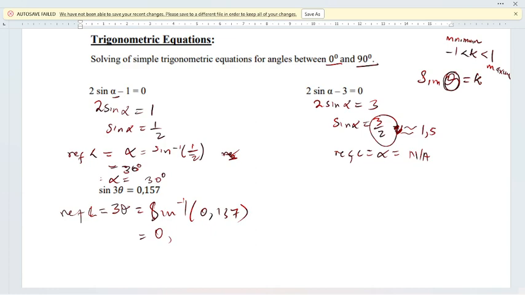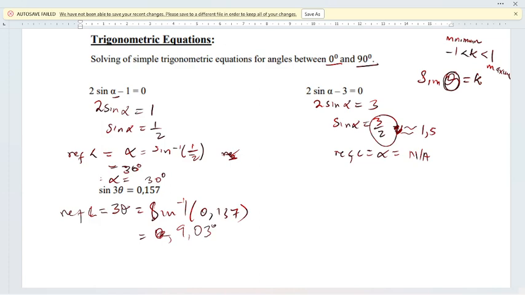0,175. 9,03 degrees, I get. But what is our theta? The question is 3 theta. 3 theta equals the reference angle.